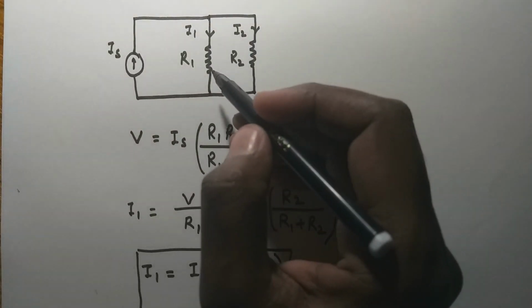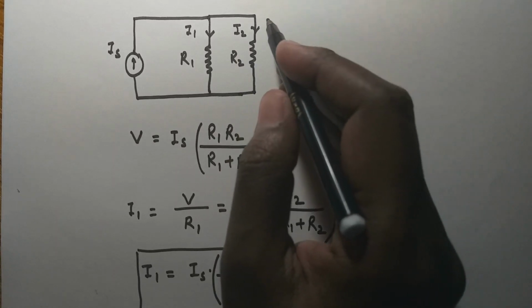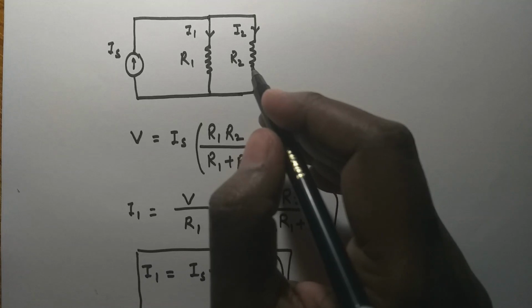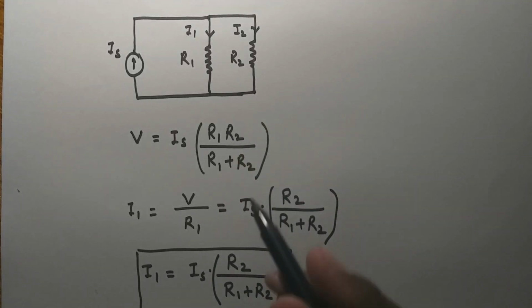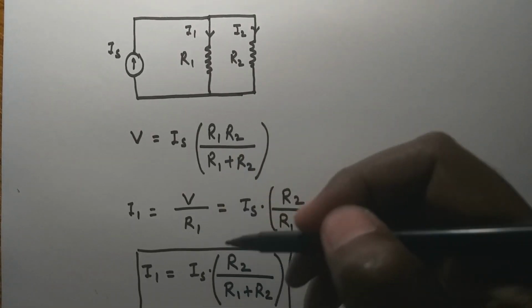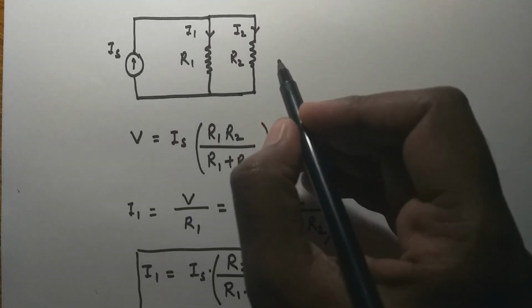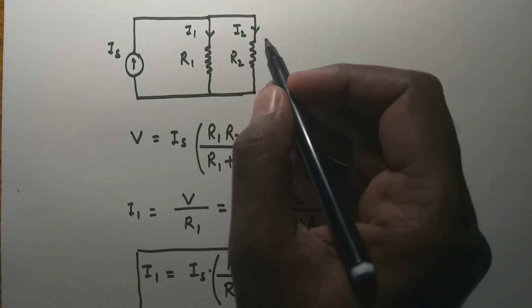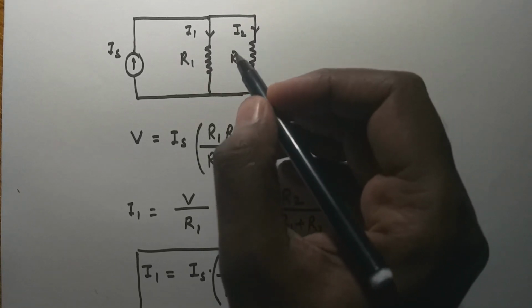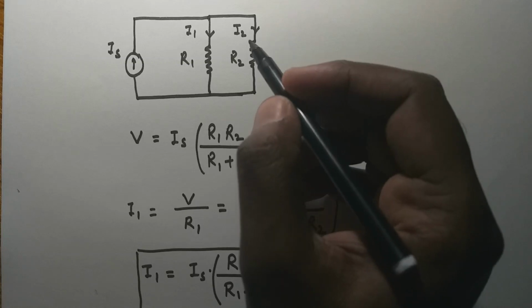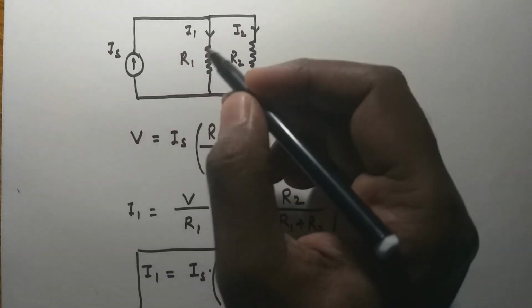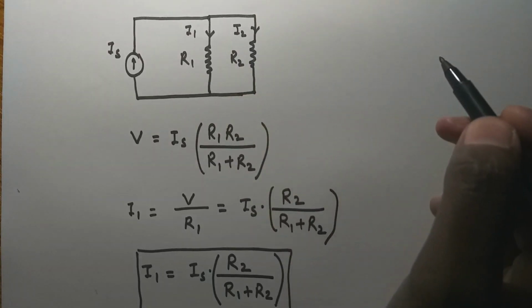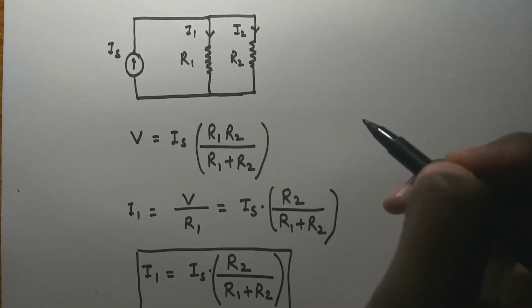Now here there are only two resistances, but in case there are several resistances connected in parallel, then also we can use the same rule to find out the current in any branch. The change is only that in case of several branches, we will consider the branch in which we have to find out the current, and we will find out the parallel combination of the rest of the branches' resistances.